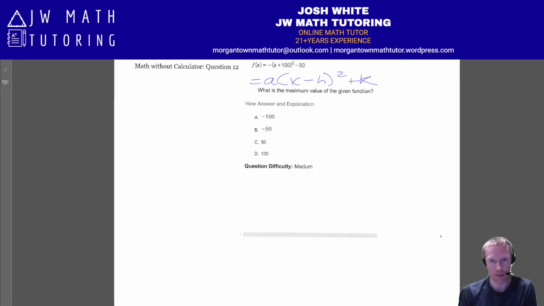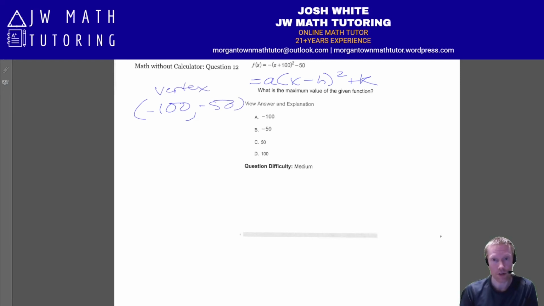Maximum value if it opens down, minimum value if it opens up. So that vertex point, which for this problem is negative 100 because h is negative 100, comma negative 50, is the vertex.